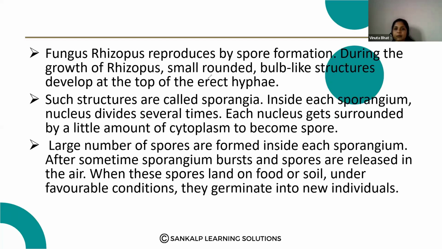Here, a round bulb-like structure develops on a hypha. Just imagine this is the hypha and the bulb-like structure develops at the top of it. This structure is called the sporangium, and inside the sporangium there are spores.